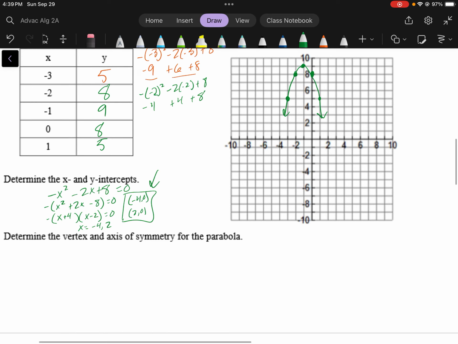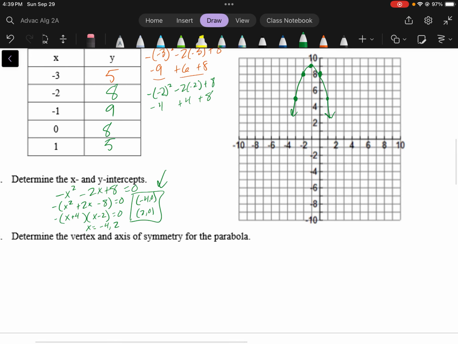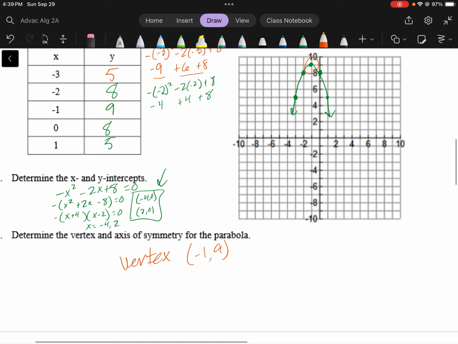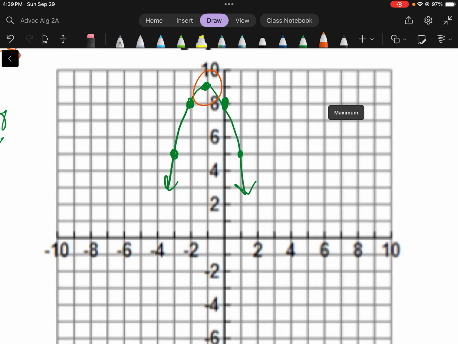And then I need to determine the vertex and the axis of symmetry. Well, the vertex is the turning point, so that's this point way up here. So the vertex is nice. It gives it to us at (-1, 9). And then the axis of symmetry is where you would fold it in half. And for parabolas, at least for right now, 9 times out of 10, it's going to be x equals, and it's whatever vertical line I would use to cut this in half.